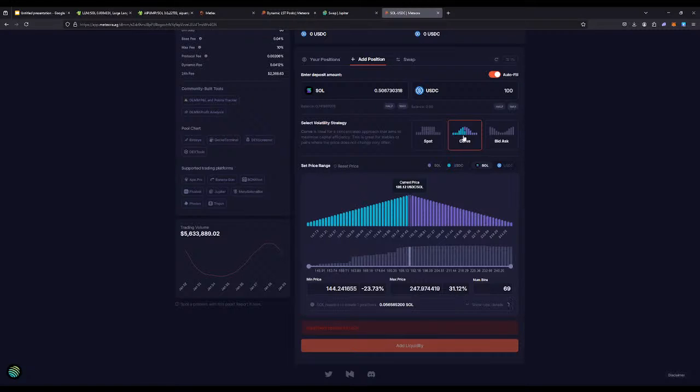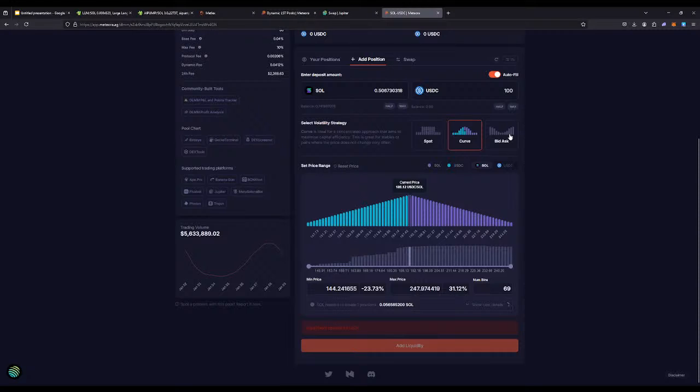So as you move away from the price in any direction, the liquidity you have provided decreases. So if you see, in this bin we are providing $5.25, and in this bin 5.1, and then as we go to our left, the liquidity decreases. Similarly, as we go to our right, the liquidity decreases.